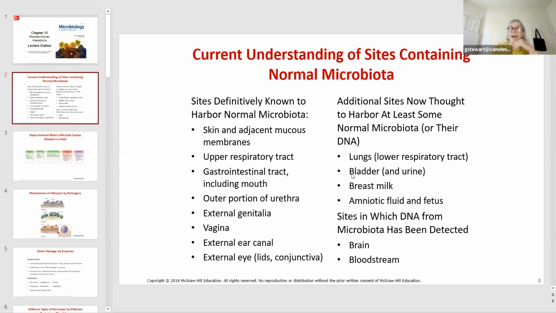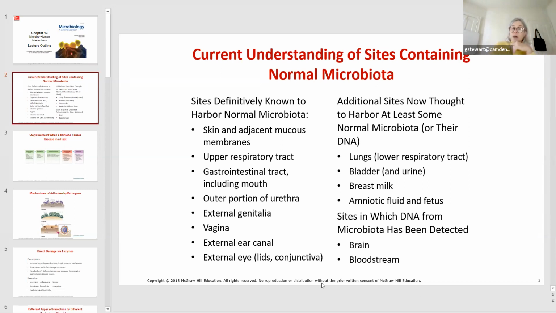And now we know that they have at least some: lungs, bladder, breast milk, amniotic fluid, and even fetal fluid. Sites with which DNA has been detected, both the brain and the bloodstream. So DNA is detected. So be careful there, because that means we know that the DNA is there, but we don't have evidence the whole organism is there. So that could be just DNA from a destroyed organism, but we don't know, right?